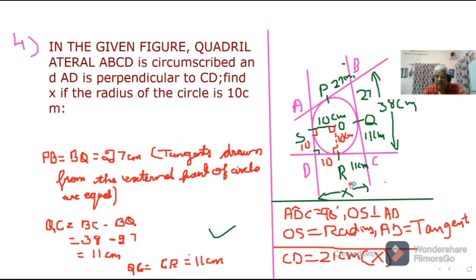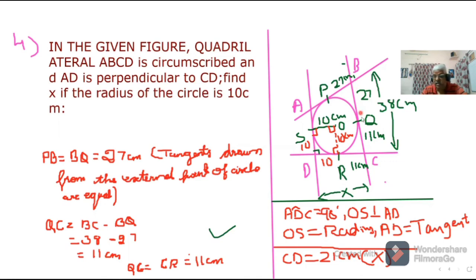Now the first part of the problem, I take the PB measurement will be equal to BQ measurement because B is the external point and BP and BQ are the tangents drawn from the external point B. Therefore, PB and BQ will be equal. They given 27 as PB measurement.